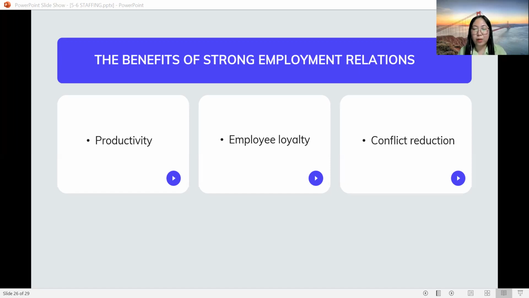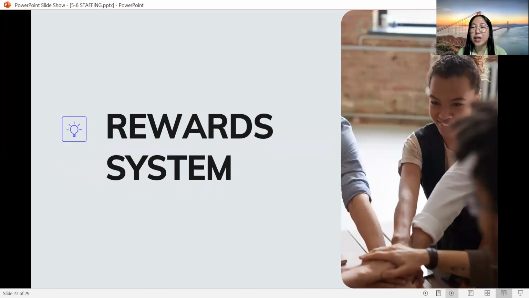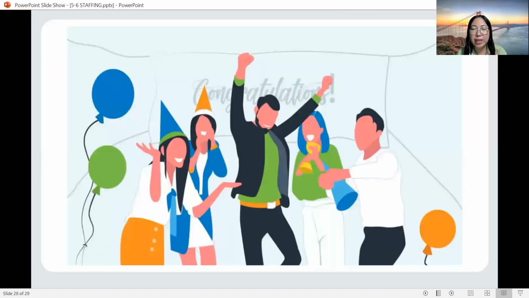Okay, so next topic natin is the reward system. So this is one of the motivations ng ating mga employees, di ba? So with this part, the performance evaluation and reward systems are designed for all of the employees' development and raising motivation with the purpose of achieving better and more visible results.